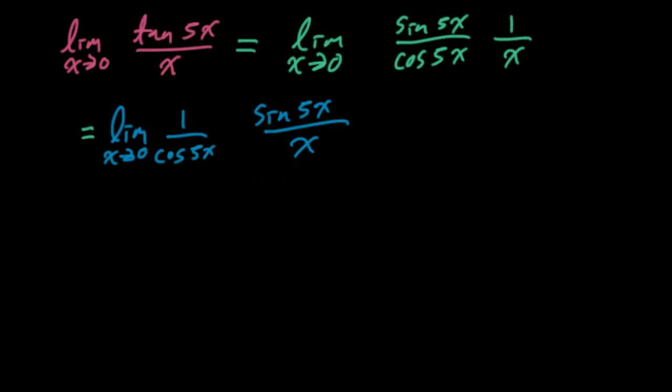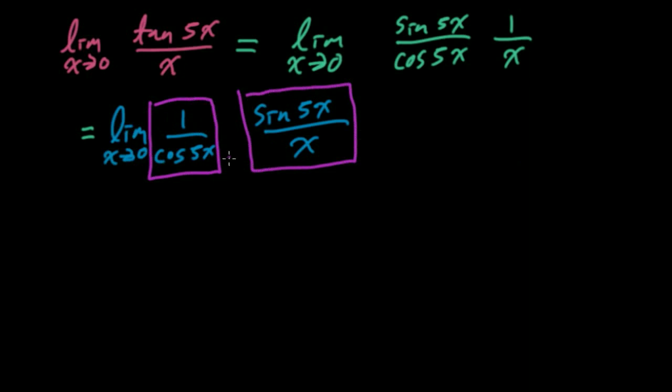And the next step is going to be to break up these two limits. We can just take the limit as x approaches 0 of this expression and then multiply it times the limit as x approaches 0 of this expression. And that'll probably be a bit more useful for us. So let's go ahead and do that.